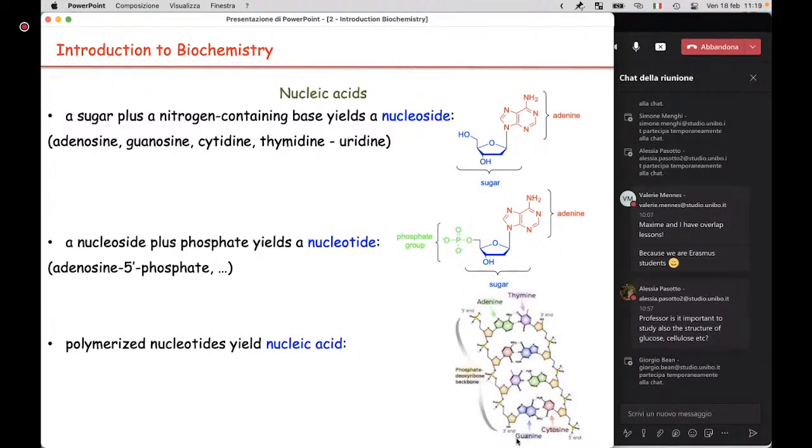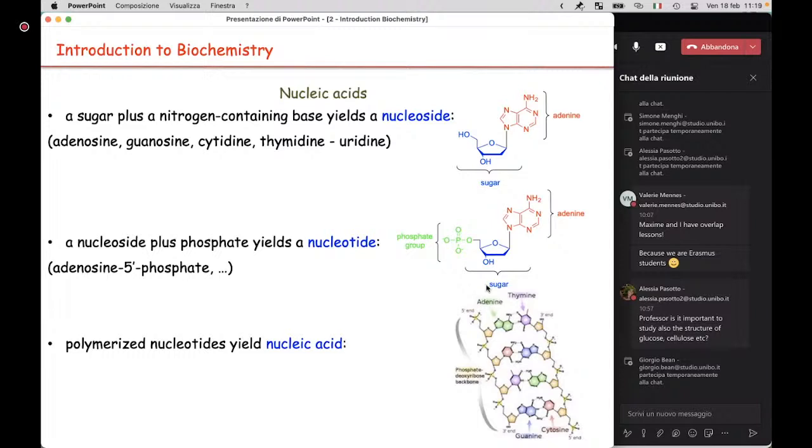So this, on the left, is a DNA chain, and this on the right is another DNA chain. And the two chains are kept together by weak interactions. These are not covalent bonds, they are weak interactions between one base and another base.